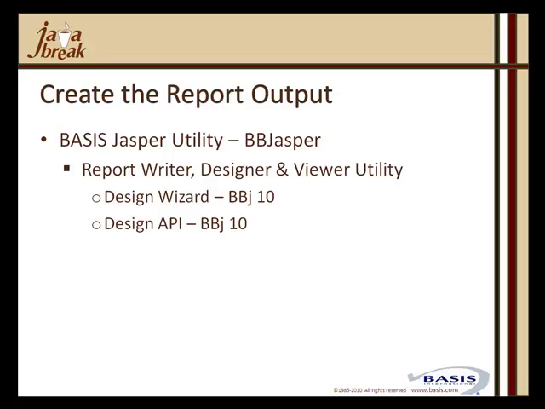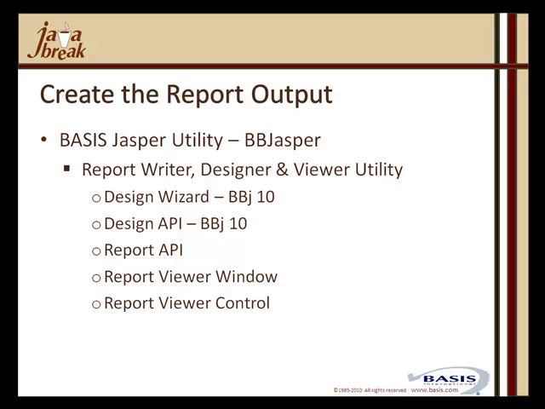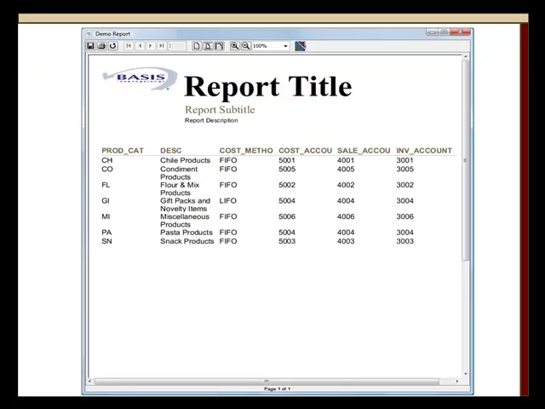The design API allows you to create your own report writer and hook it into the Jasper report output capabilities of BBJasper. There's a report API, there's a report viewer window, which is the focus of our concern at this point, and we have a report viewer control. So you can either view the report within a window or within a control inside of an existing window.